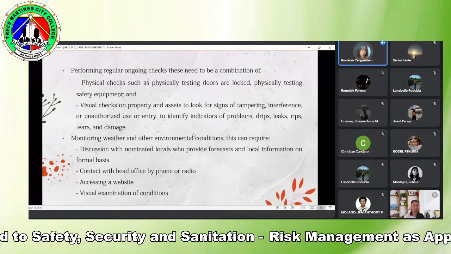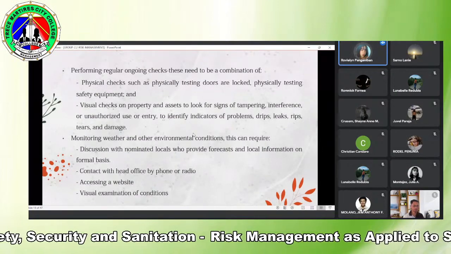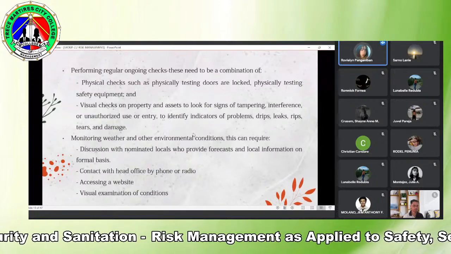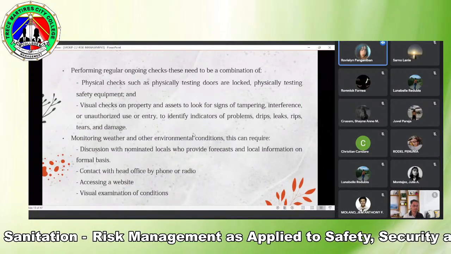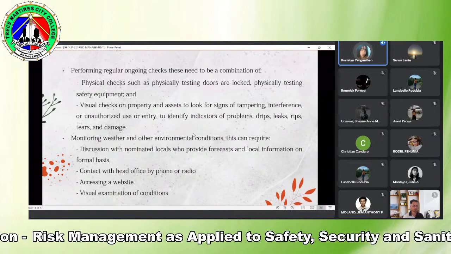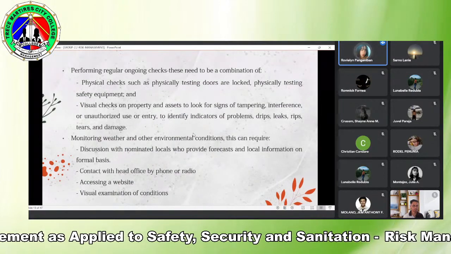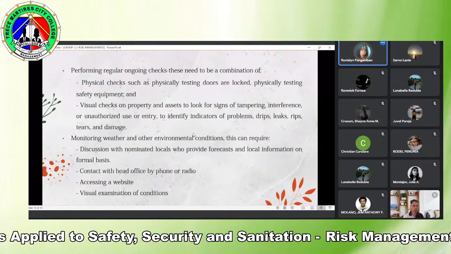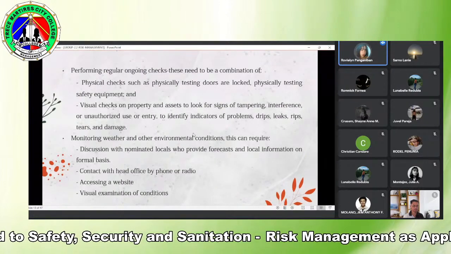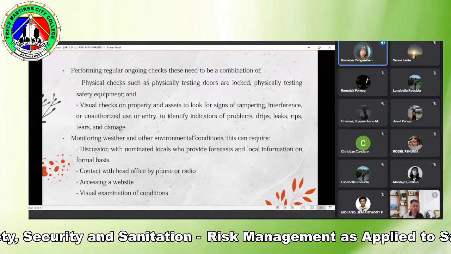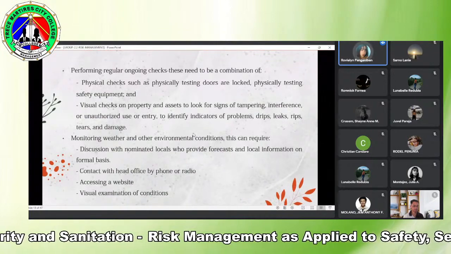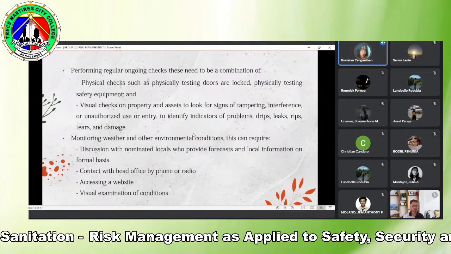So, para po sa safety ng mga guests po or natin, kailangan po natin mag-physical checks po. Tingnan po natin kung may problema ba sa lock ng pinto, sa equipment, kung may problem ba dun sa pag-i-stayan natin para walang maging problema.